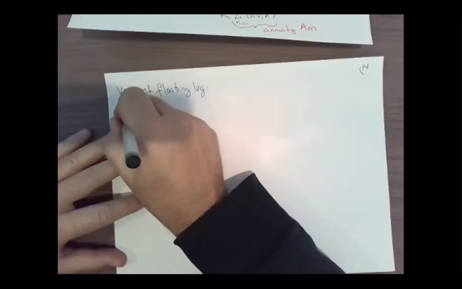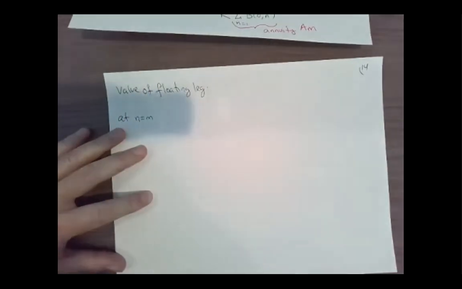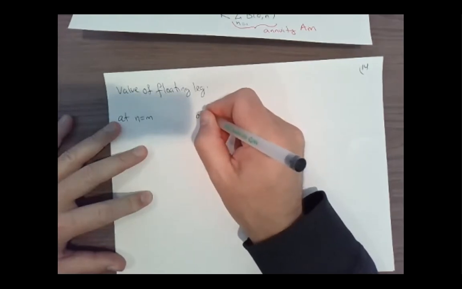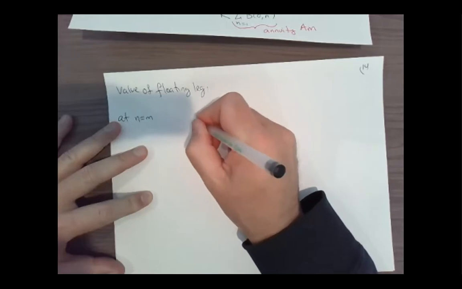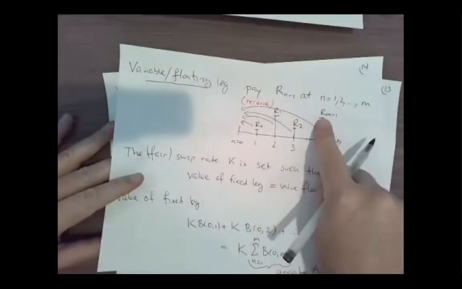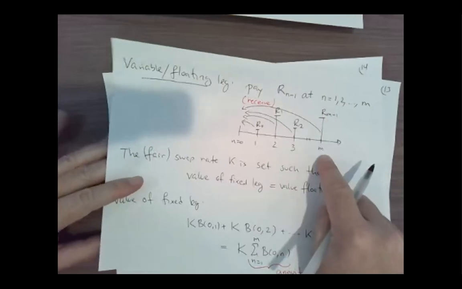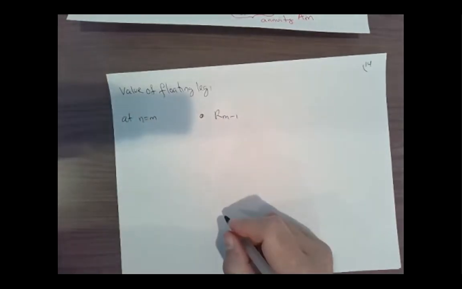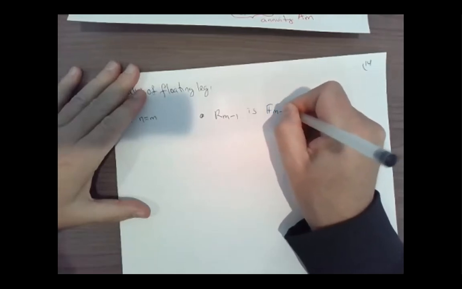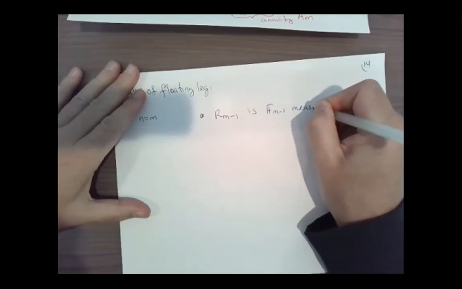At the end, we're having the payment R, right, this was R_{m-1}. This is what we get at time m. R_{m-1} is the payment, and this here is F_{m-1} measurable.